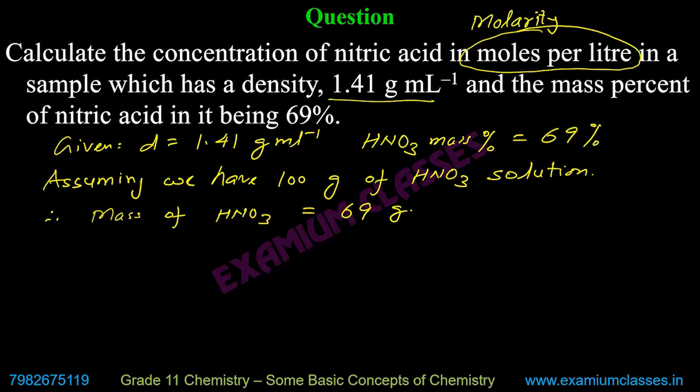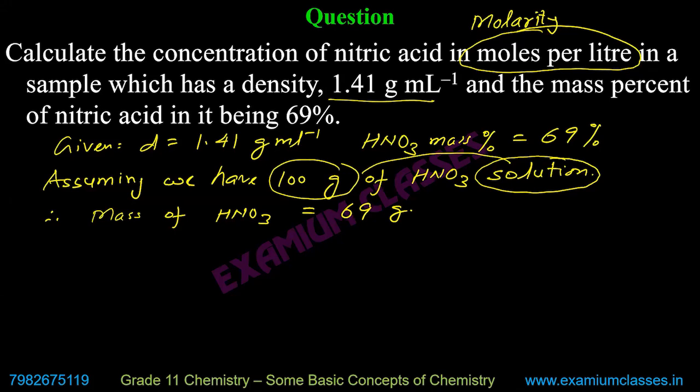Now think about the formula of molarity. Number of moles of HNO3 solute divided by volume of solution in liters. It means 100 gram of solution, and this is a common mistake, so everyone needs to pay attention here. 100 gram is solution.